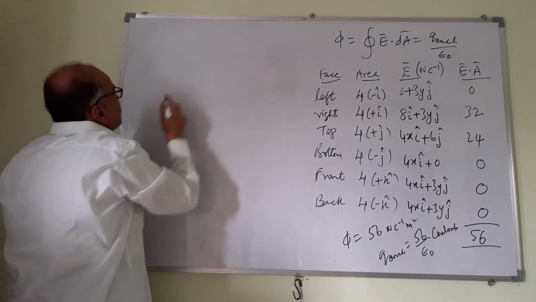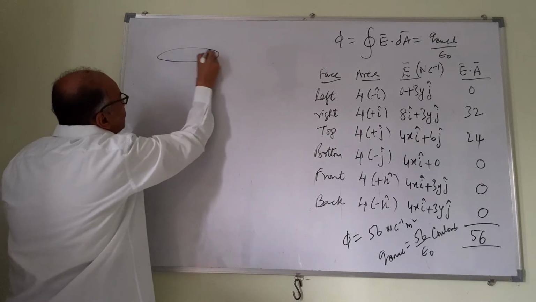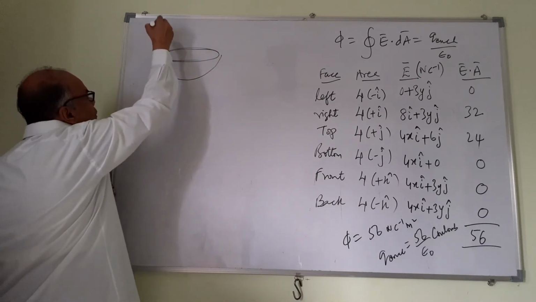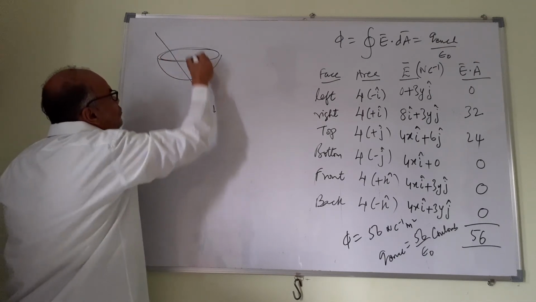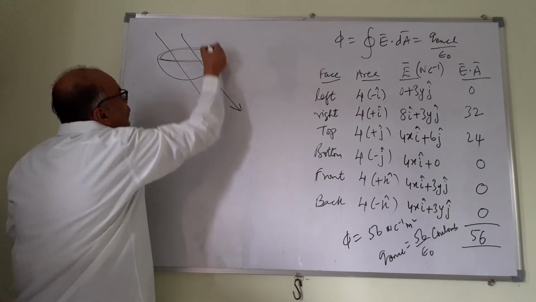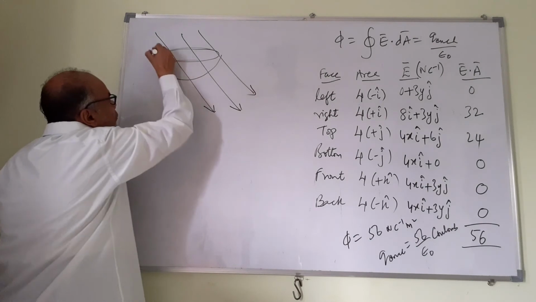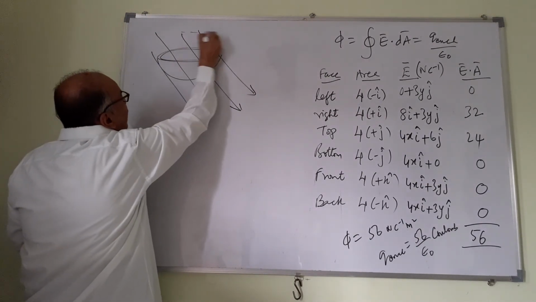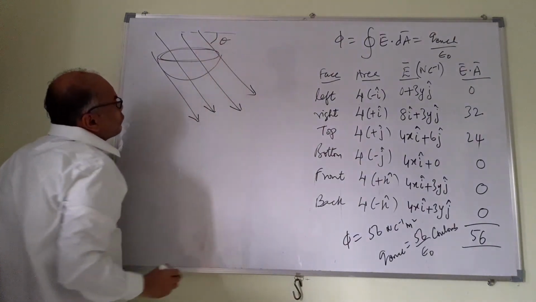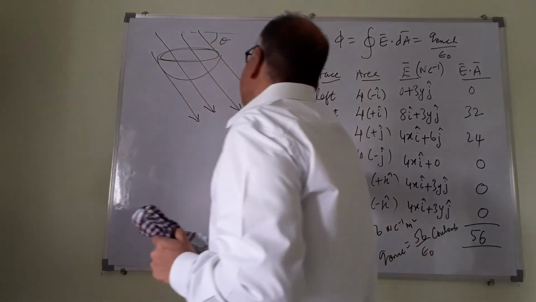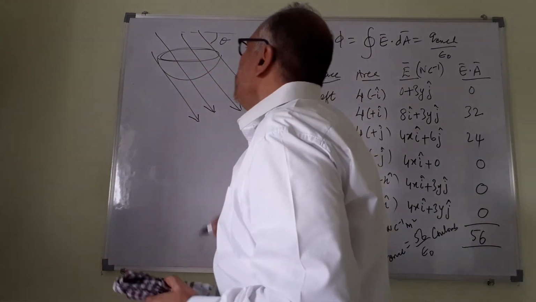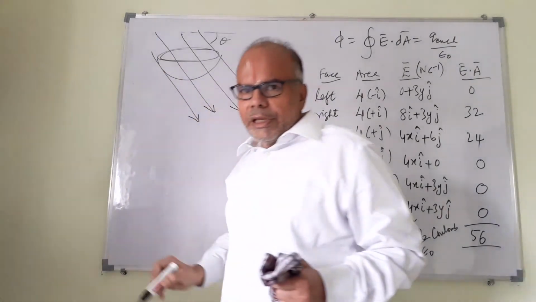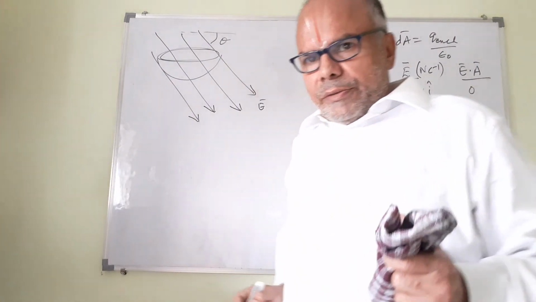I am drawing a hemispherical bowl, and there is a uniform electric field E. This field makes an angle theta with the horizontal. We would like to know what is the flux through the curved surface area of the hemisphere.